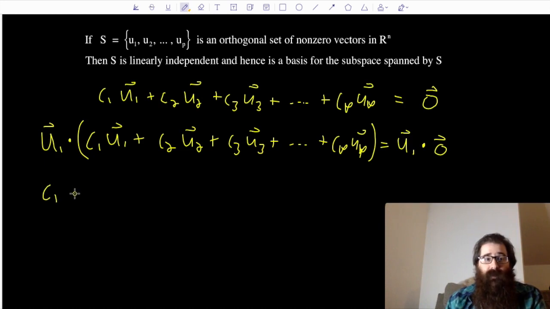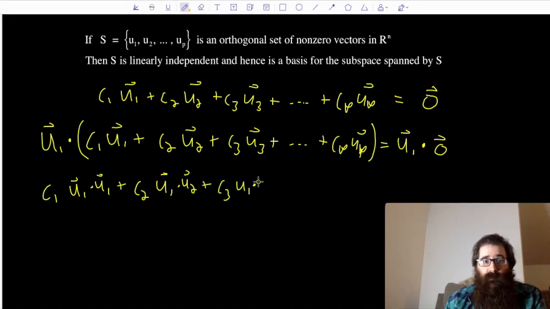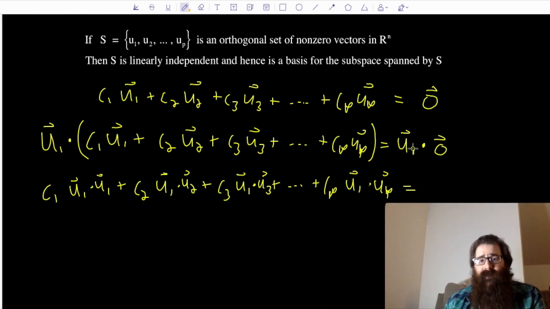So I could say c sub 1 times u sub 1 dotted with u sub 1, plus c sub 2 times u sub 1 dotted with u sub 2, plus c sub 3 times u sub 1 dotted with u sub 3, plus so on and so forth, plus c sub p times u sub 1 dotted with u sub p equals, and then on the right-hand side, when I have a vector and I dot it with the 0 vector, all of those products are going to be 0, and then summing all the zeros is going to give me the 0 constant.